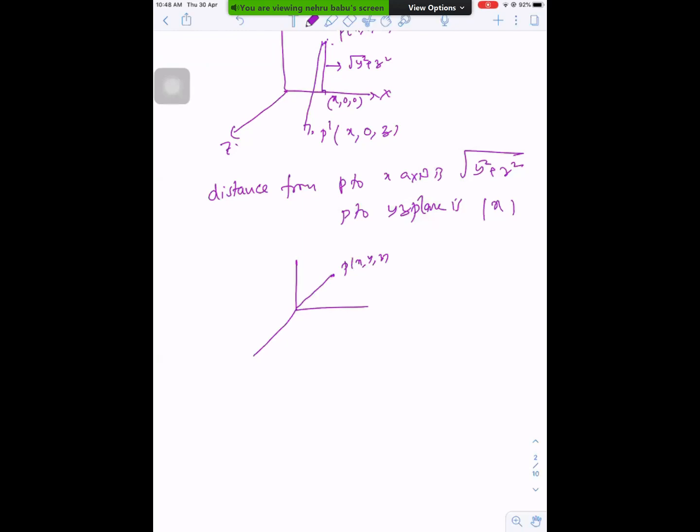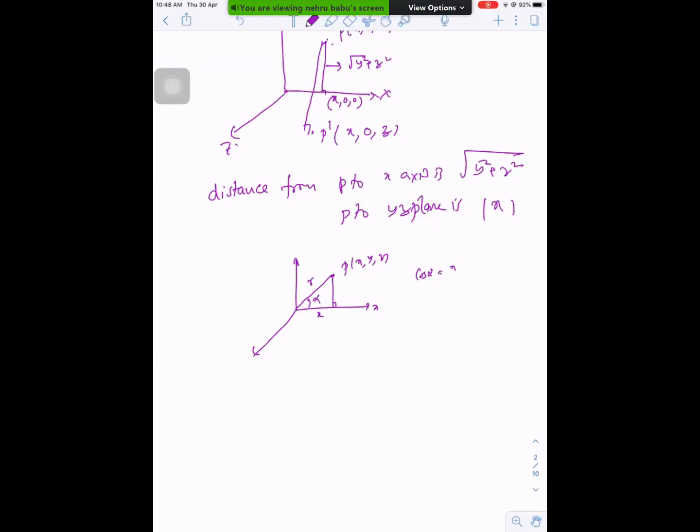If OP makes angle alpha with the x-axis, and you draw a perpendicular, this length is x and this length is r.